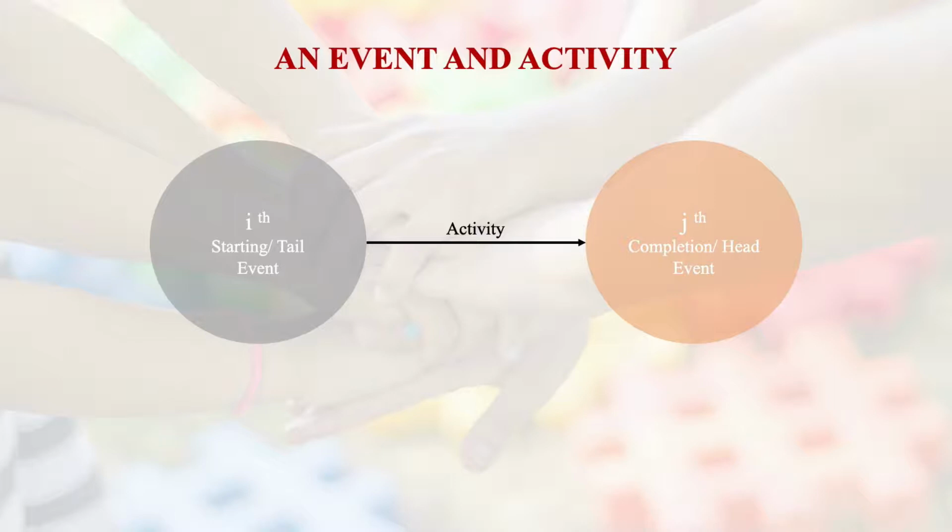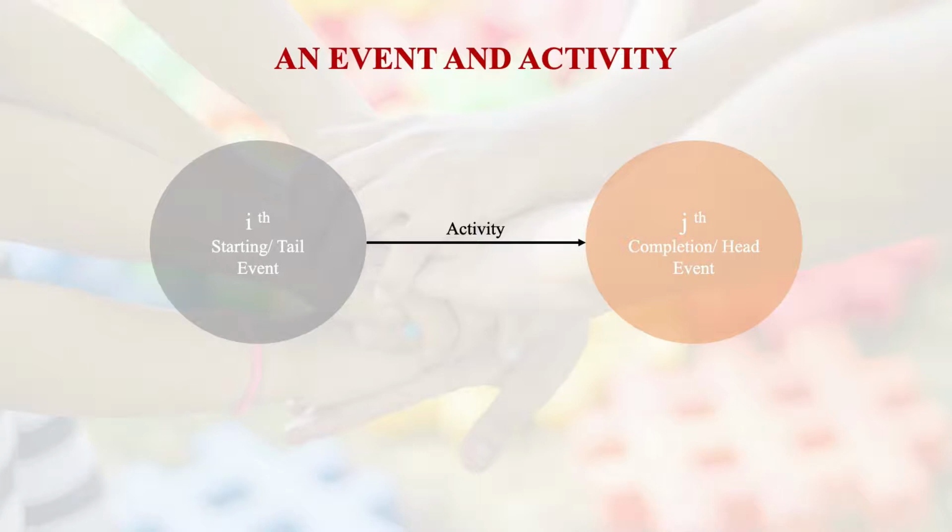So this is how two nodes or two events can be related. There are two events which have an activity between the two. So from one event, when a particular activity is performed, which takes some time, you move on to another event, and that's how the whole thing flows.